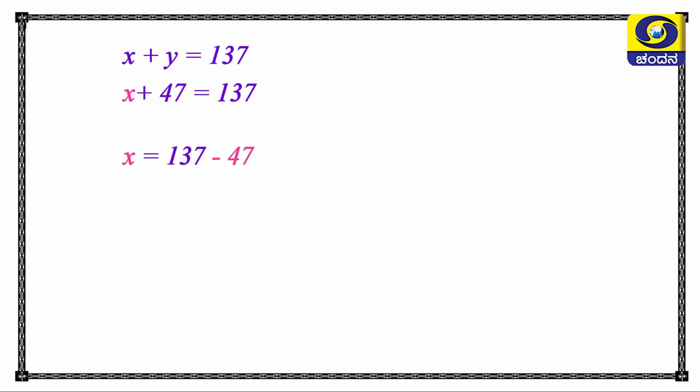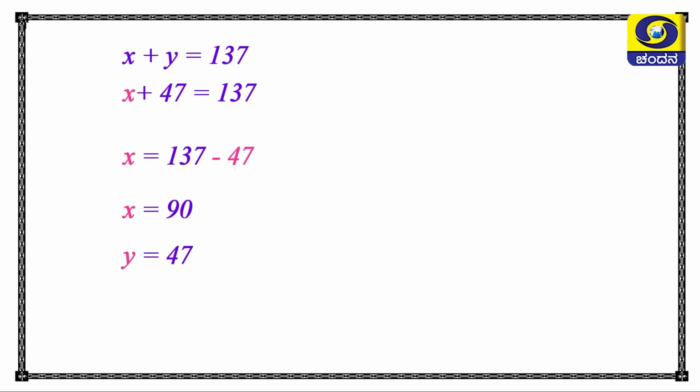X is equal to 137 minus 47, because I am sending plus 47 to RHS, it becomes minus 47. X is equal to 137 minus 47, so x is equal to 90. So we got the value of x and y, children.